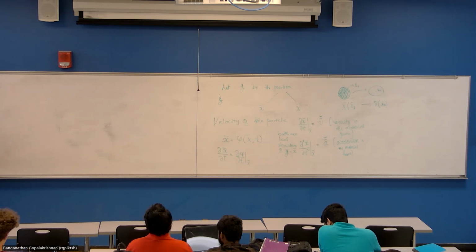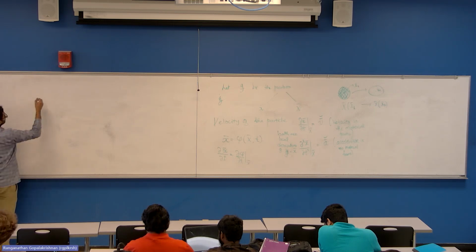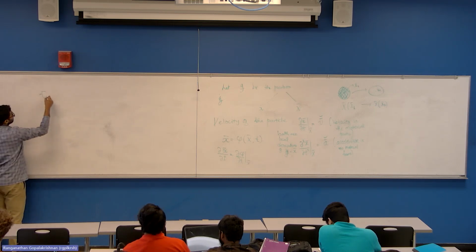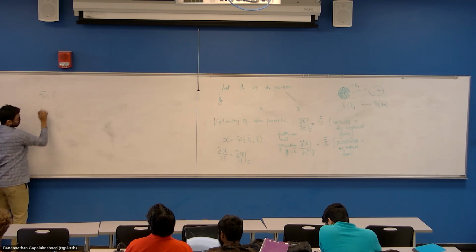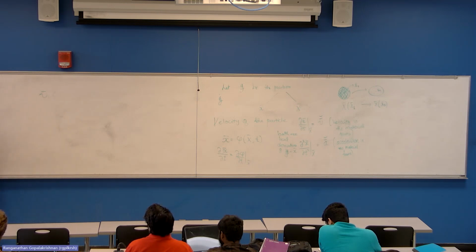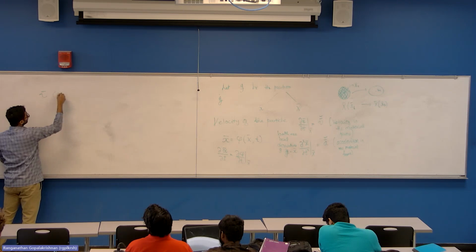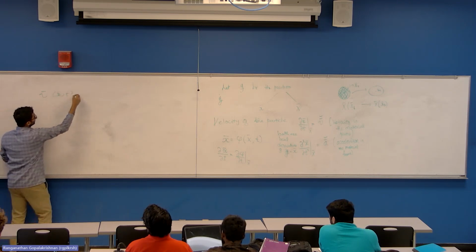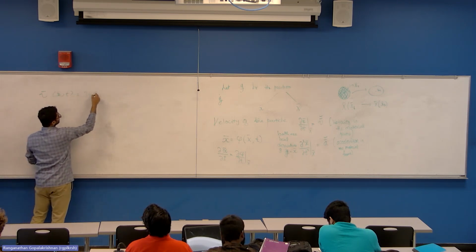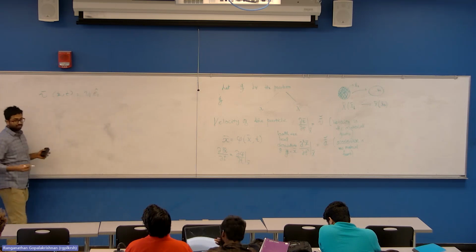So when we write vi, if you consider v to be a vector, v of x comma t, you can write this as vi ei cap, right?